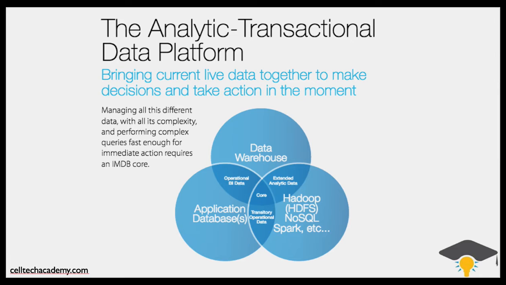So if you look at this, your operational data, your extended analytical data, the transitory operational data, the core, sorry, managing all this different data with complexity, performing complex queries fast enough for immediate action requires an in-memory database core. That's the answer right now, and it is only HANA from SAP.